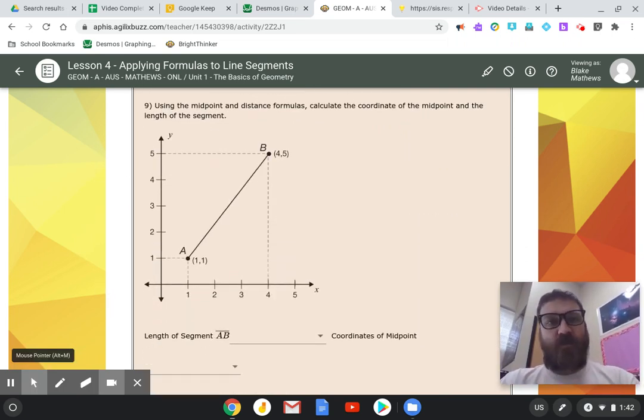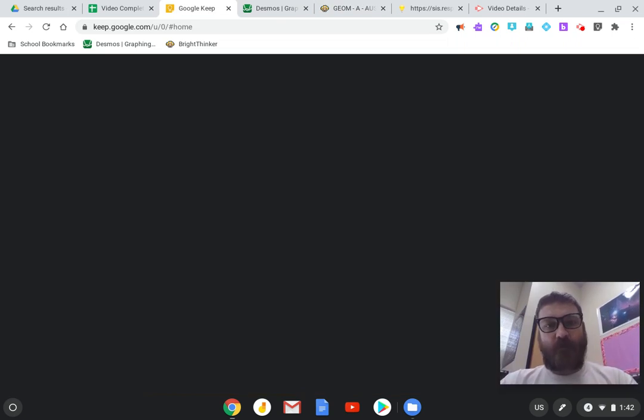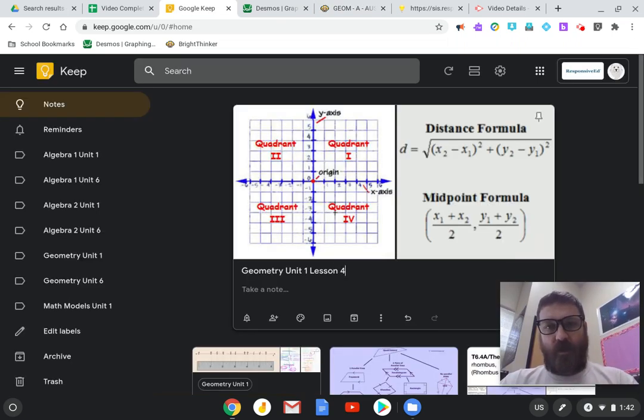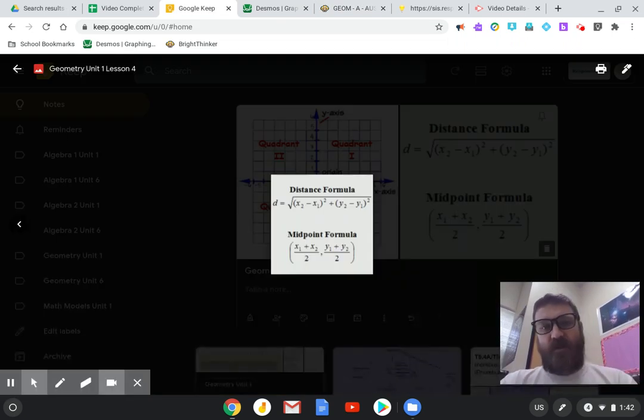Then we get to what this lesson is really all about: these two formulas, the midpoint and distance formulas.